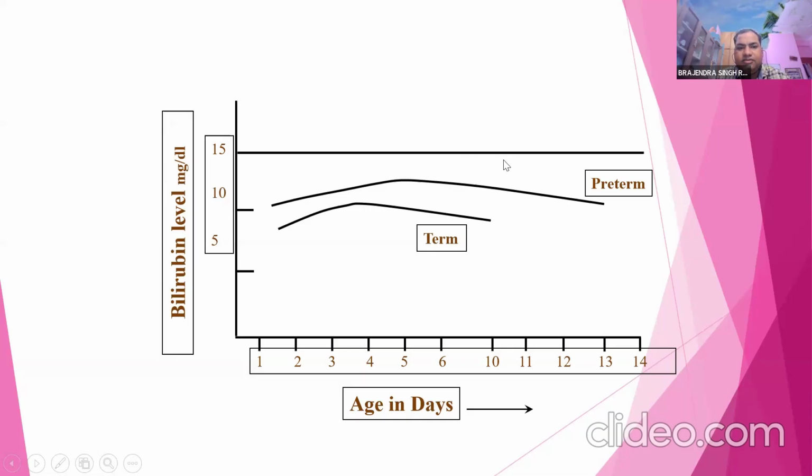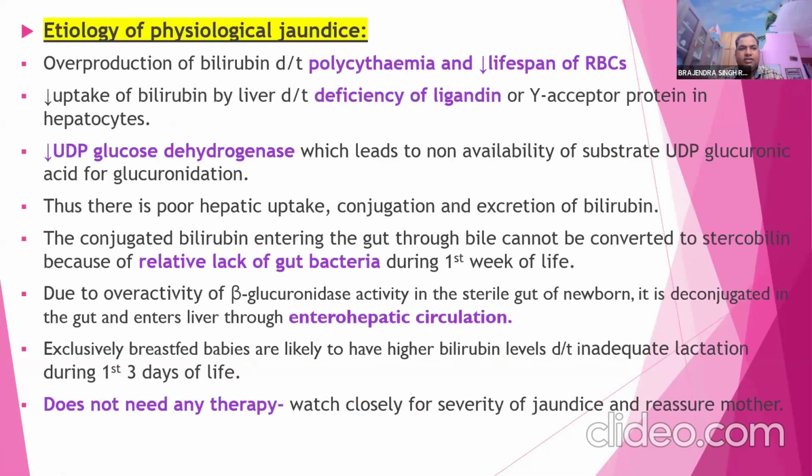In case of term, onset is similar but peak is earlier, like 3 to 4 days, and it becomes normal by the 10th day. Its peak is below the preterm peak and never touches the 15.